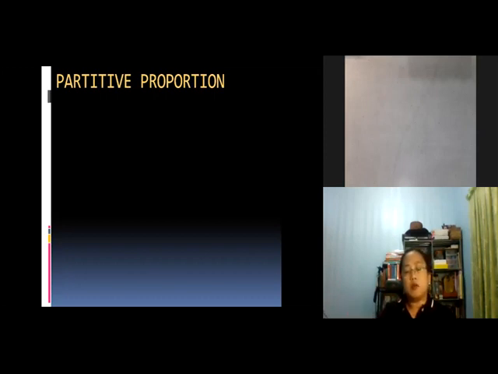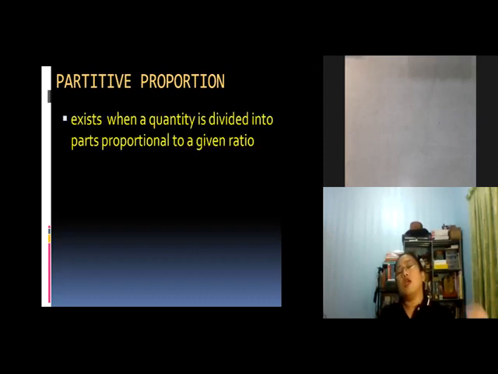Kasi, in a partitive proportion, ang tinitingnan natin dito, we have a certain number which is cut into several parts. Two or more parts. And these parts are proportional to each other. And when we say proportional to each other, merong basis ng pagkakaputol nun. Ang basis natin ay yung ratio na ibibigay. So, in a partitive proportion, there should exist a quantity that is divided into parts which are proportional to a given ratio.